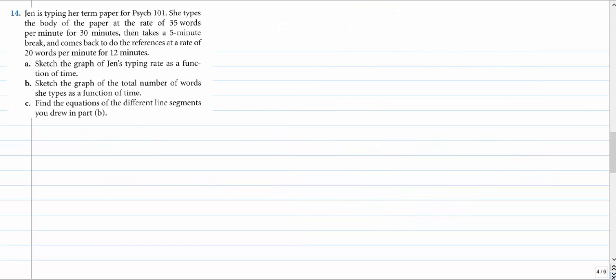Problem 14. Jen is typing her term paper for Psych 101. She types the body of the paper at a rate of 35 words per minute for 30 minutes.